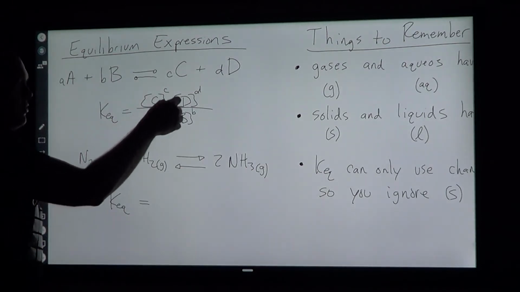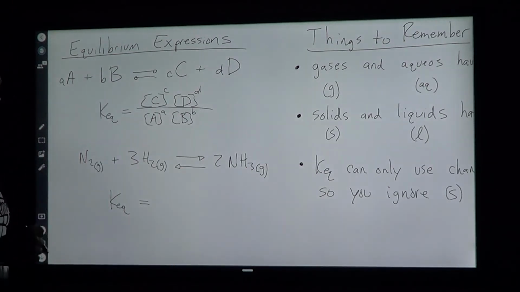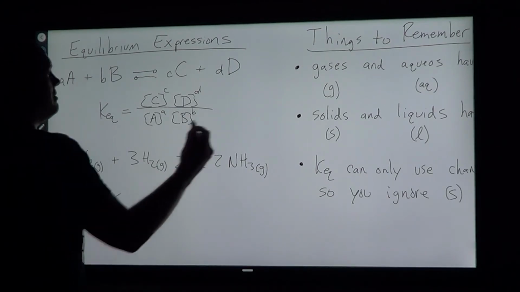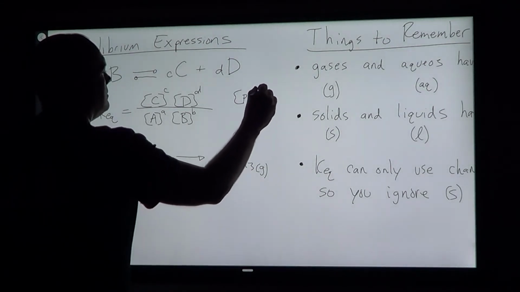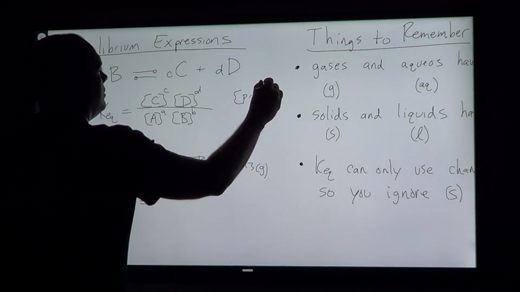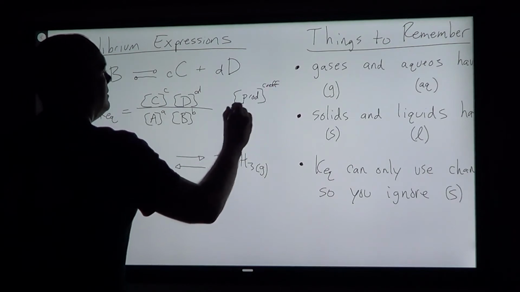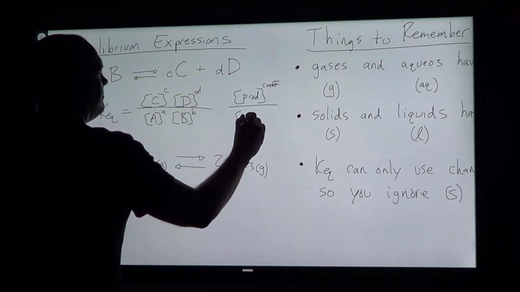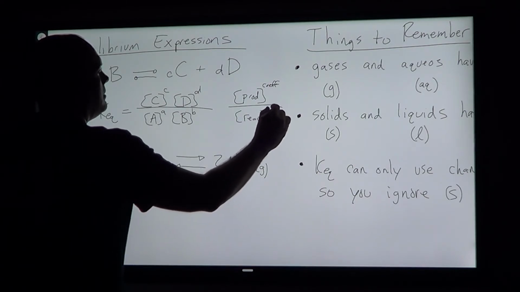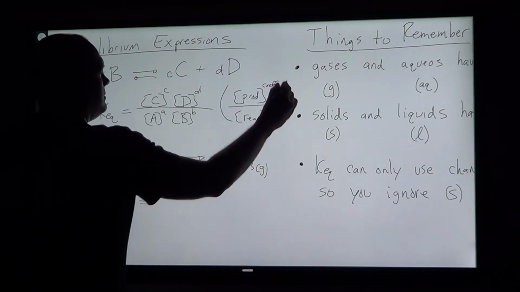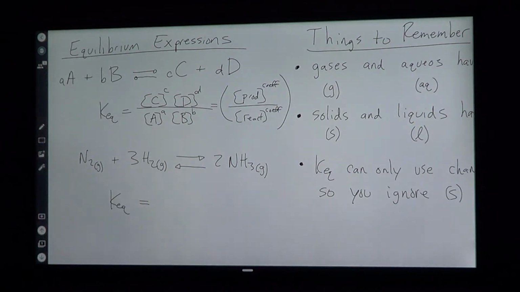This is how you create your equilibrium equation for any chemical equation. So just remember, it's always the concentration of the products raised to their coefficients divided by the concentration of the reactants raised to their coefficients.